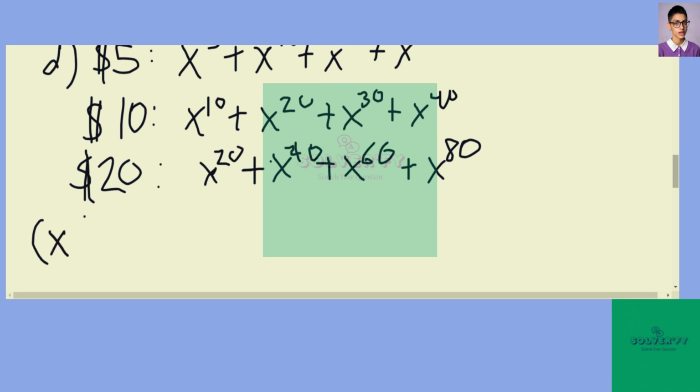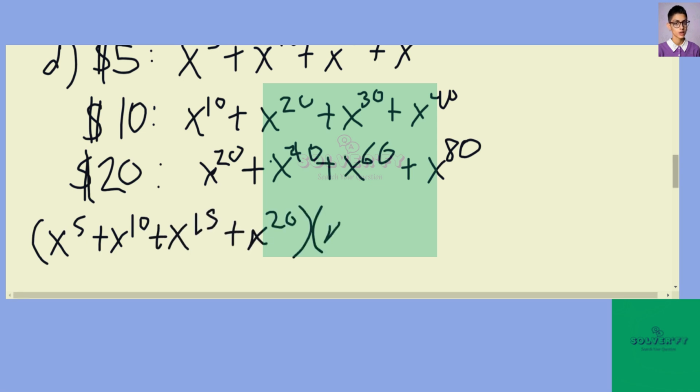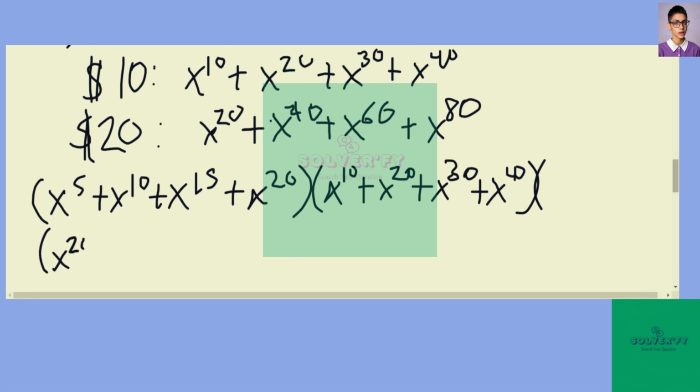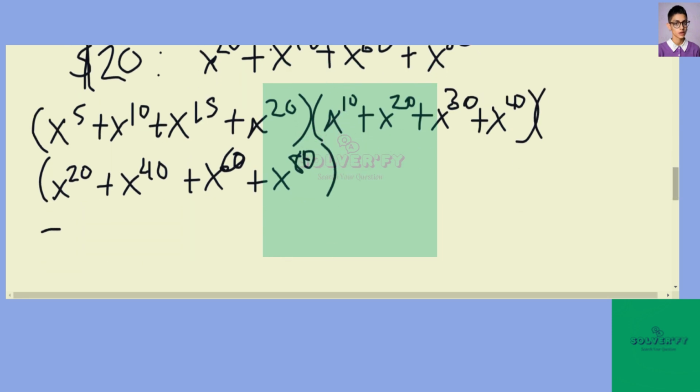So this is x to the 5th plus x to the 10th plus x to the 15th plus x to the 20th, times x to the 10th plus x to the 20th plus x to the 30th plus x to the 40th, times, I'll write a separate line, x to the 20th plus x to the 40th plus x to the 60th plus x to the 80th. And I can simplify this by first factoring out an x to the 5th, x to the 10th, and an x to the 20th.